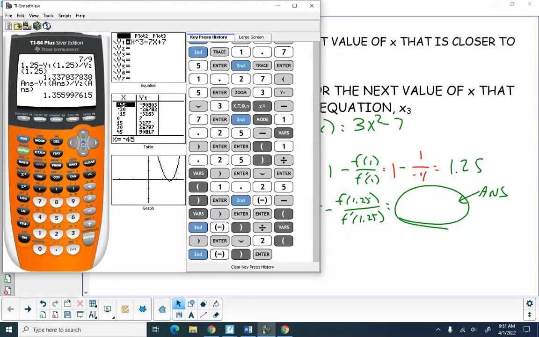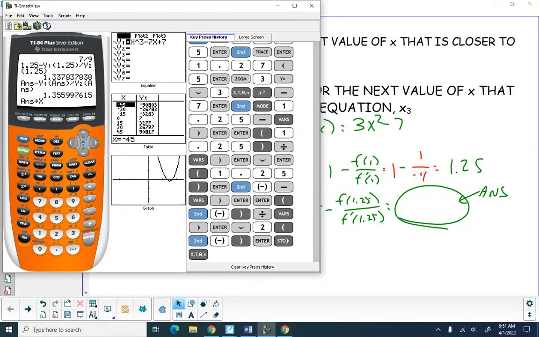Well, let's make life a little bit easier on ourselves. Let's use another function of our calculator, which is the store button. Let's hit the store button, which is right above the on button. Let's store this to X and hit enter. Now, whenever you use X, it's going to be this value.